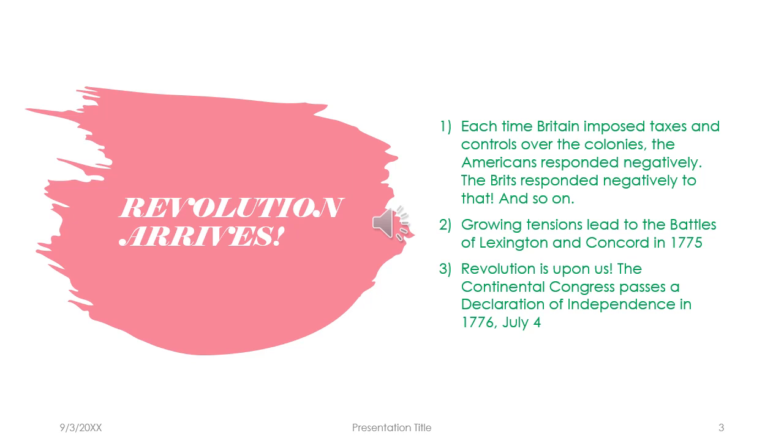With that, really, revolution is upon us, and the hastily pulled together Continental Congress passes a Declaration of Independence in the year 1776, 4th of July. Boom. It is now open revolution against the mother country.